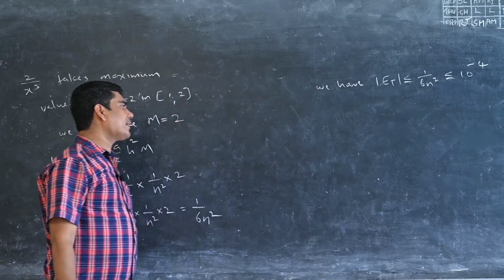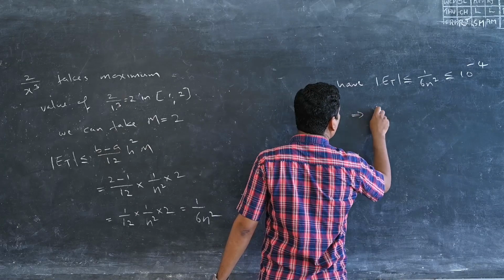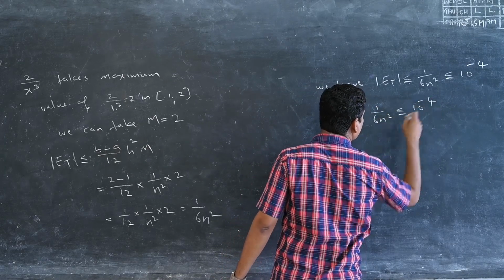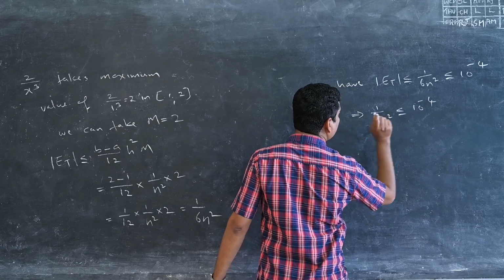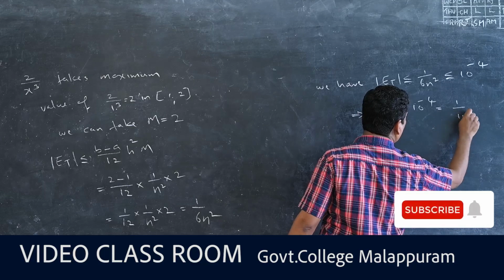This implies 1 by 6 n squared is less than or equal to 1 by 10 raised to 4.